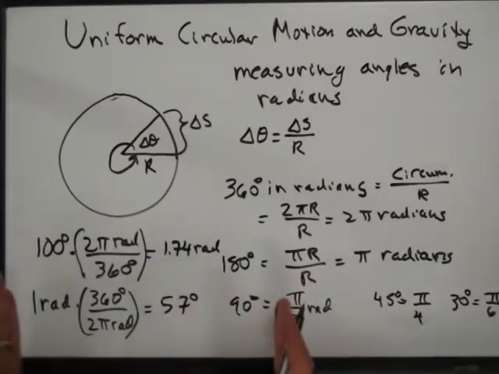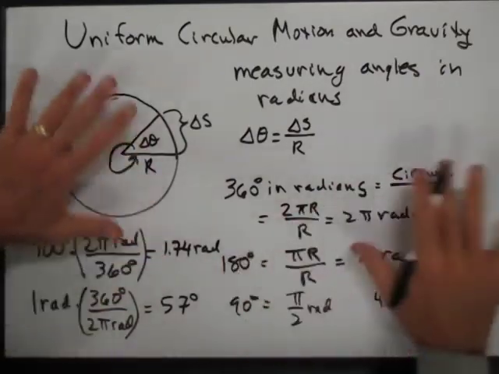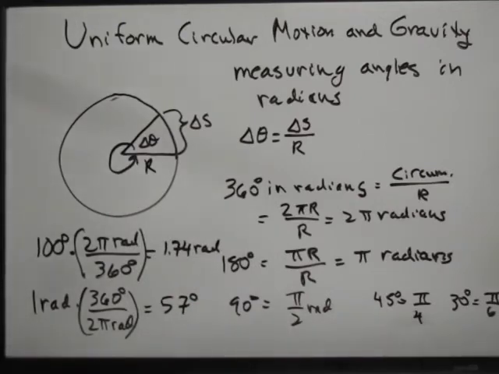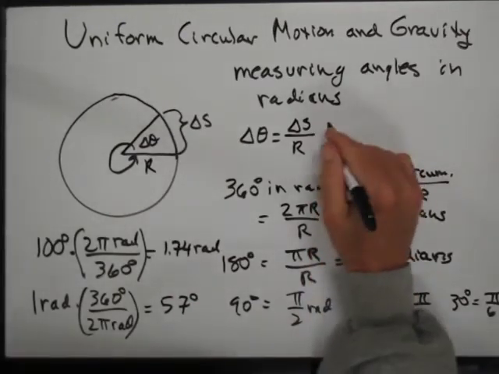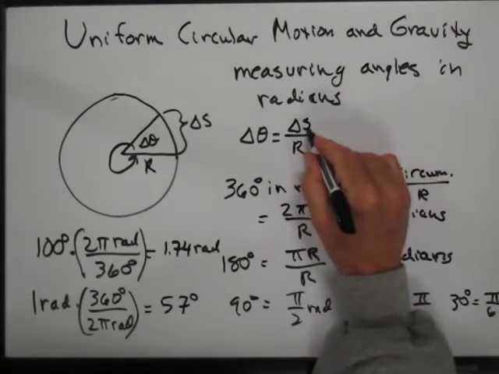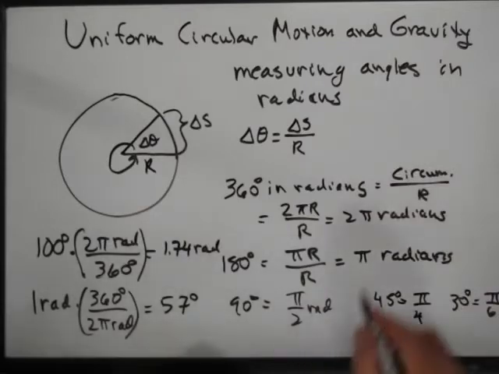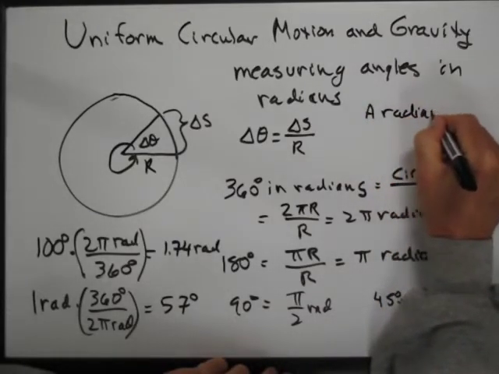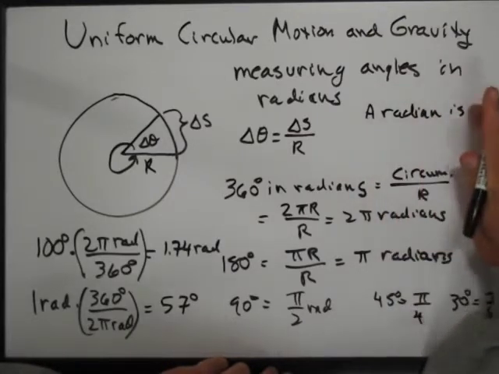And so most of the time when we're doing uniform circular motion, and in lots of physics problems, we don't use degrees, we use radians because they're easier to work with. Finally, I want you to note that a radian is the ratio of two lengths. So technically, a radian is dimensionless.